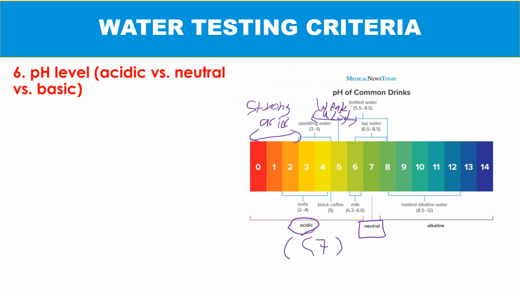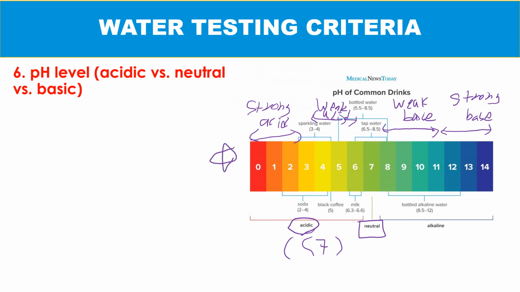On the other hand, if the level is 8 to around 10, 11-ish, we call it weak base, and those are what you have been seeing in the images like sediment buildup on a tile and so on. You can consider those as a weak base. And we have something called strong base, very strong alkaline.